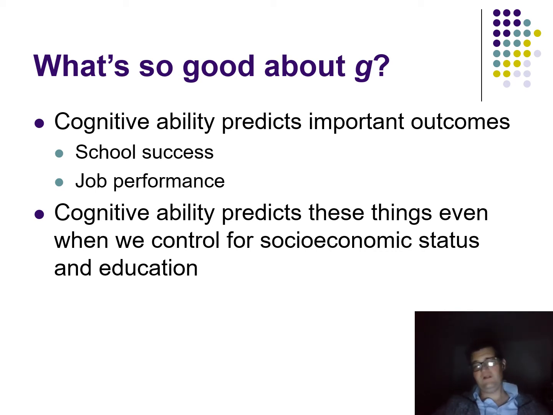And some people will disparage that somewhat, but standard statistical approaches will show that even when you control for socioeconomic status and education, so people from highly similar backgrounds who have different levels of G, the person who is, quote unquote, smarter will do better in these domains.